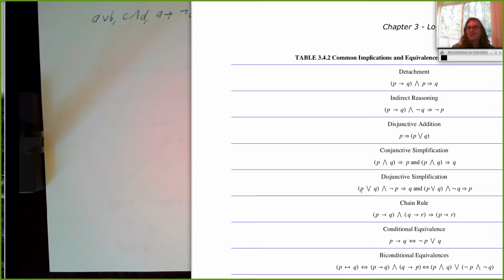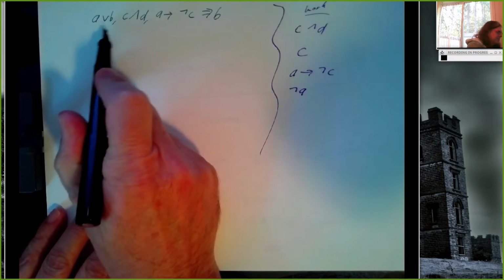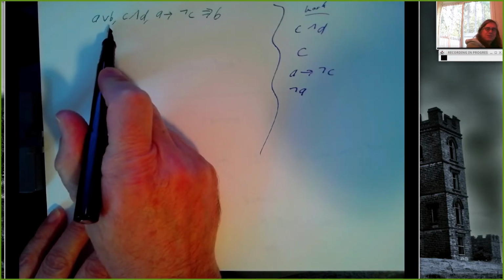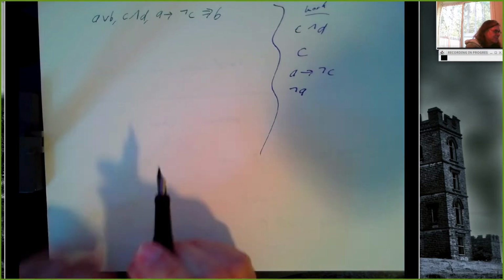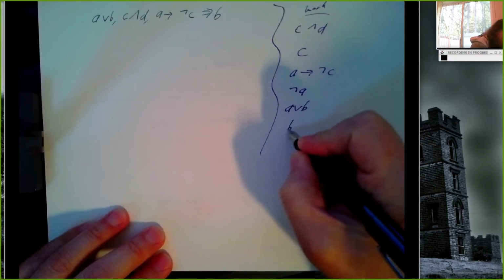That says if A or B is true and A is false, or not A is true, then B's got to be true. Or in common terms, if we know this is true and A is false, well, B's got to be the one that's true. If we know this is true and B is false, then A's got to be the one that's true. So we can put this together with A or B, and that'll get us B.